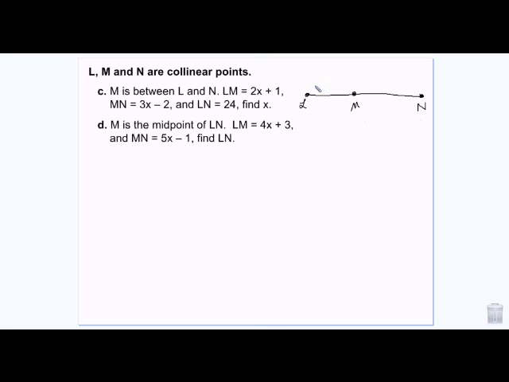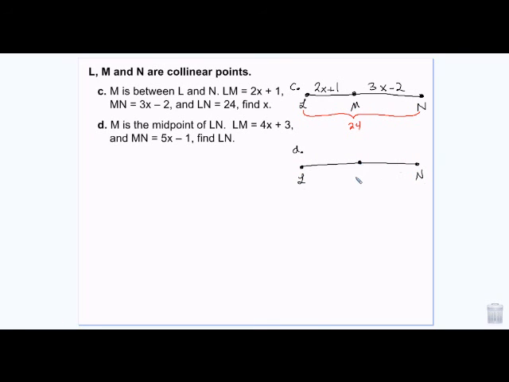Okay, LM is 2x plus 1. MN, so from M to N, is 3x minus 2. And LN, that's this whole thing, is 24. So this one's C. That's the picture for C, and I'm going to draw the picture for D. I have M as the midpoint of LN, so I have another LN, right?